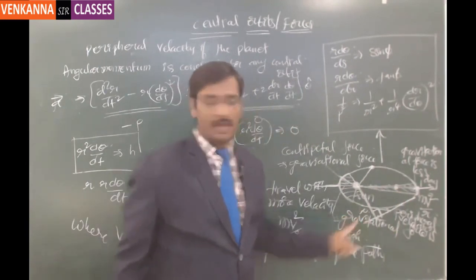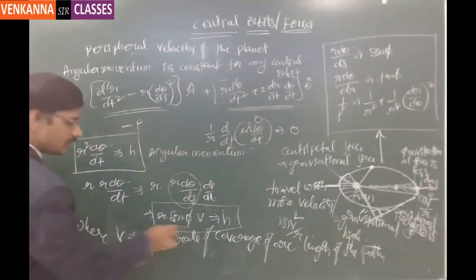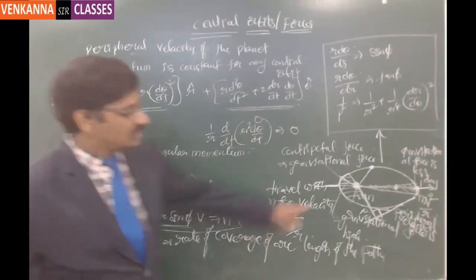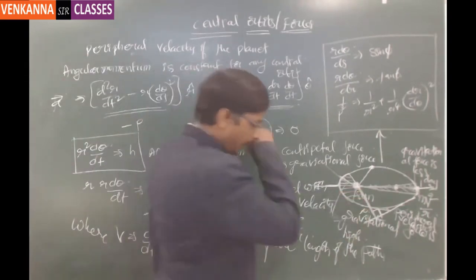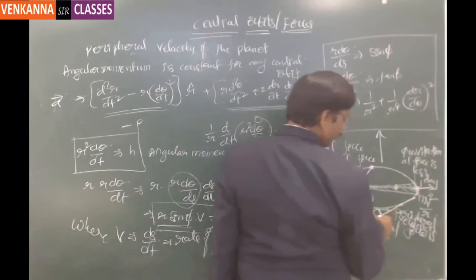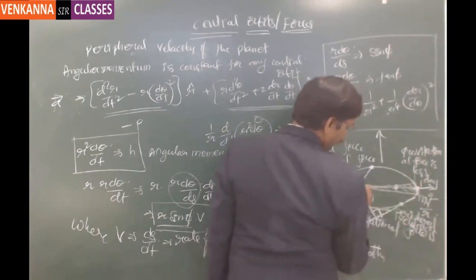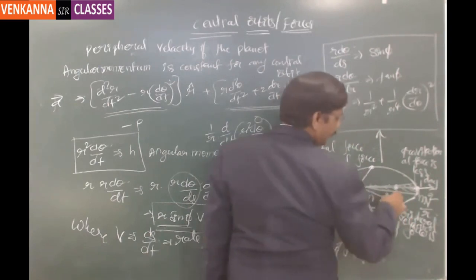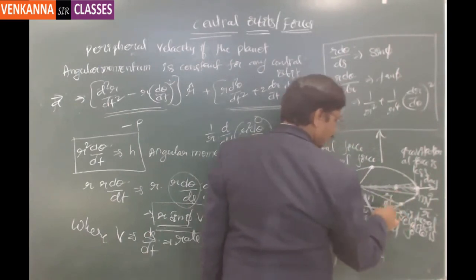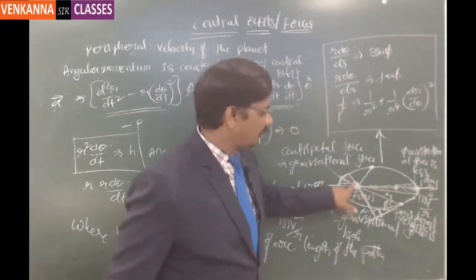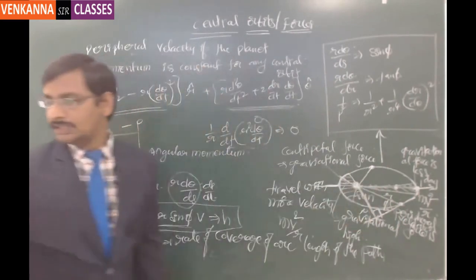So r sine phi is equal to this p value. Let us say this is the point, this is the radial distance, and this angle is phi. So r sine phi will be the perpendicular length p at this location.